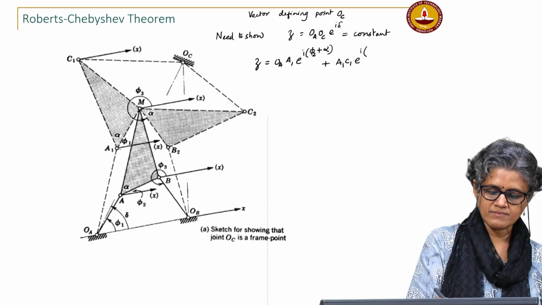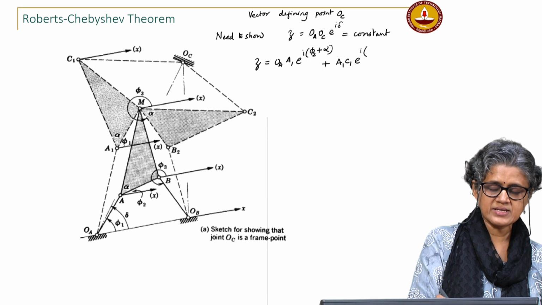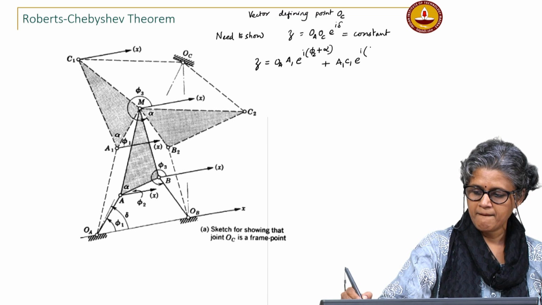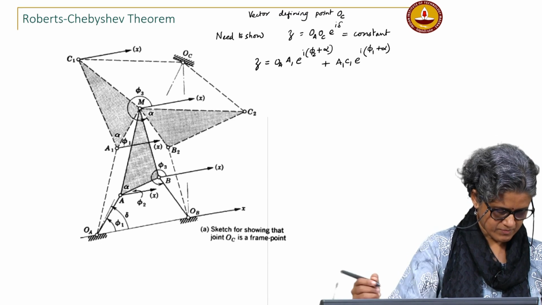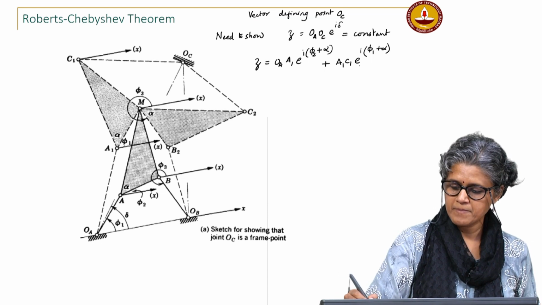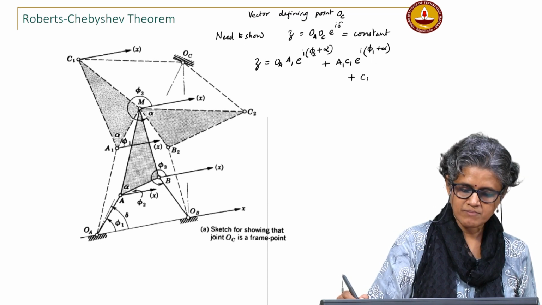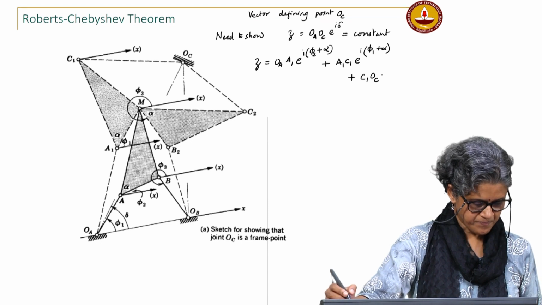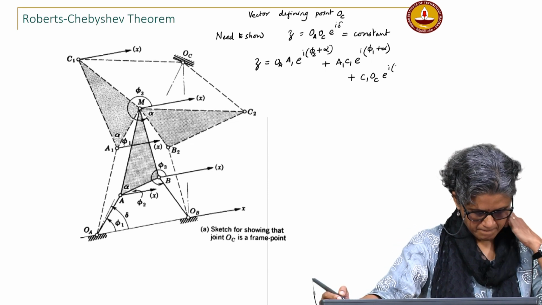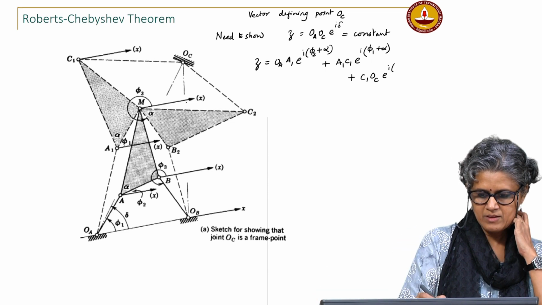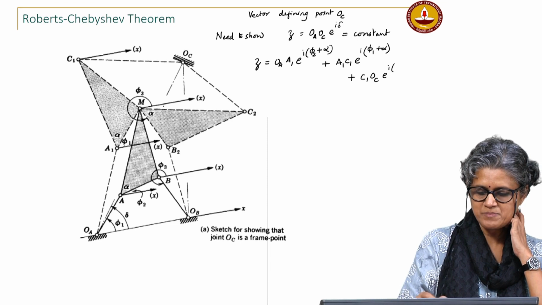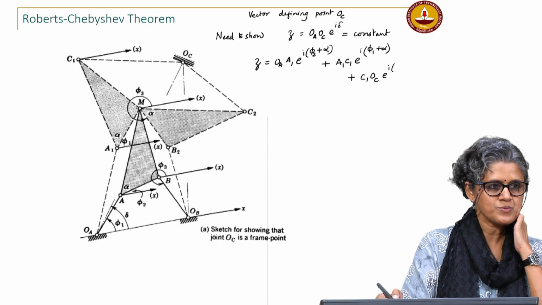You can see here with respect to the x, its angle is phi 1 plus alpha. And then plus C1 OC e power I, it is phi 3 plus alpha, because it is parallel to MC2.